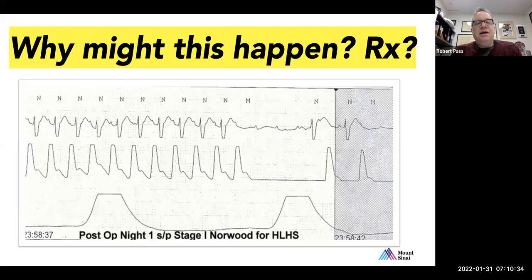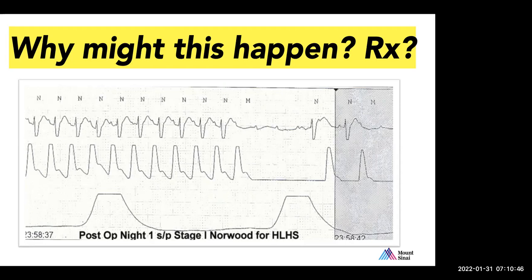Remember that the AV node lies in the triangle of Koch, which, let me see, I'll ask Grace Kong. Grace, what are the borders of the triangle of Koch? It's the coronary sinus, the tricuspid valve leaflet, and the third one is the crista terminalis.